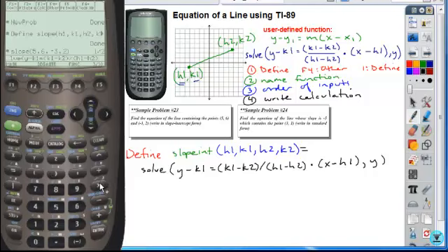We're then going to multiply this by the quantity x minus h1, and then comma y. That tells the calculator we want it to put the whole calculation in the form of what y is equal to. Once we complete this and hit enter, you should get the instruction done, telling you that it finished computing this.